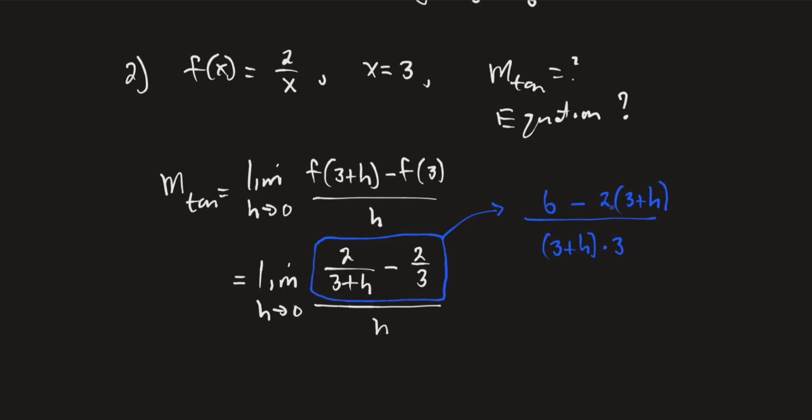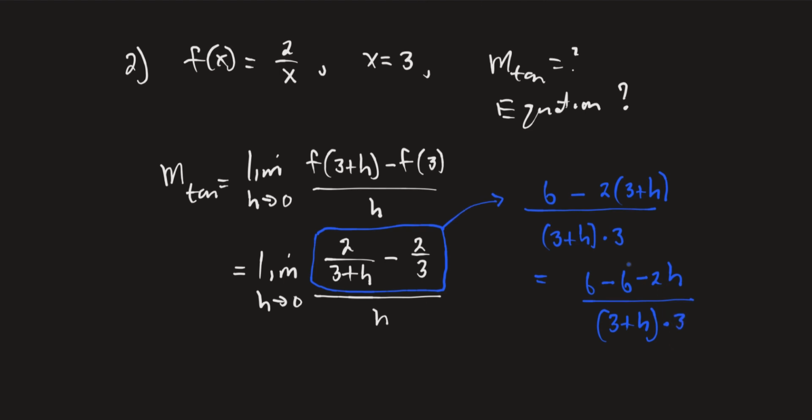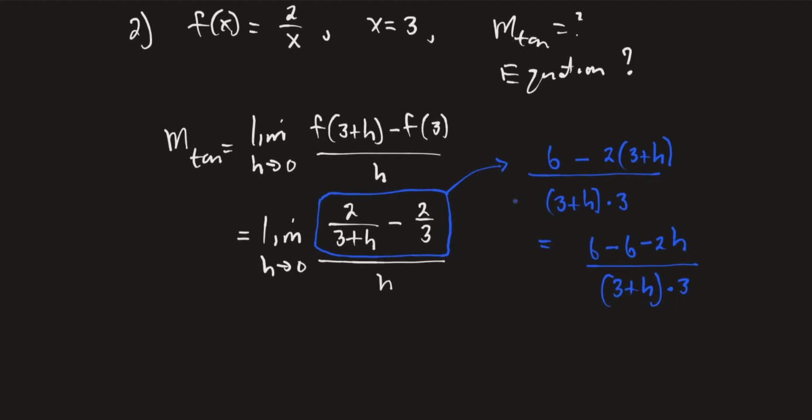So first, distribute the negative 2. So this is equal to 6 minus 6, and then minus 2h, and then that's all over the quantity 3 plus h times 3. All right. Well, we can definitely see what happens with the 6.